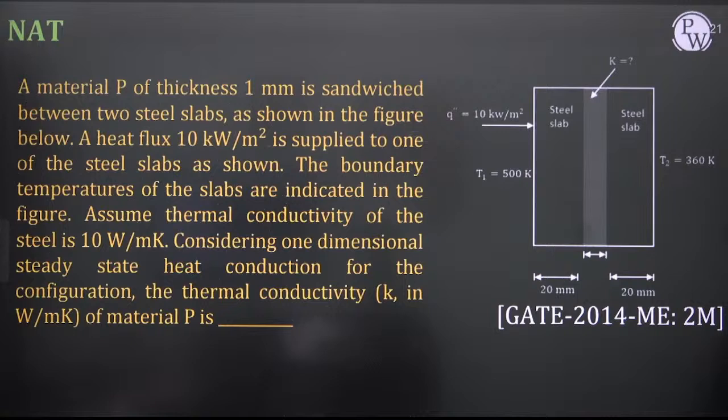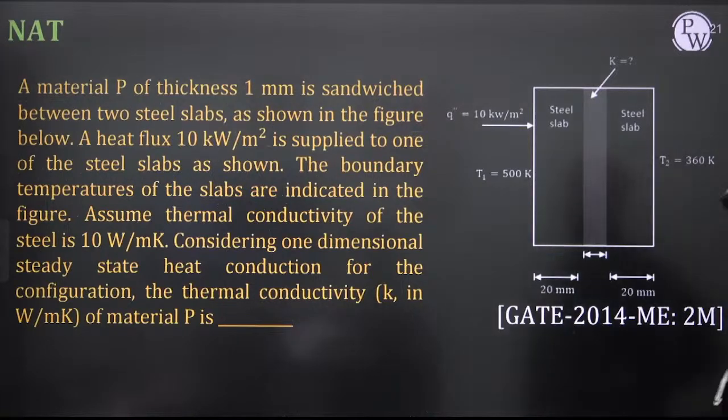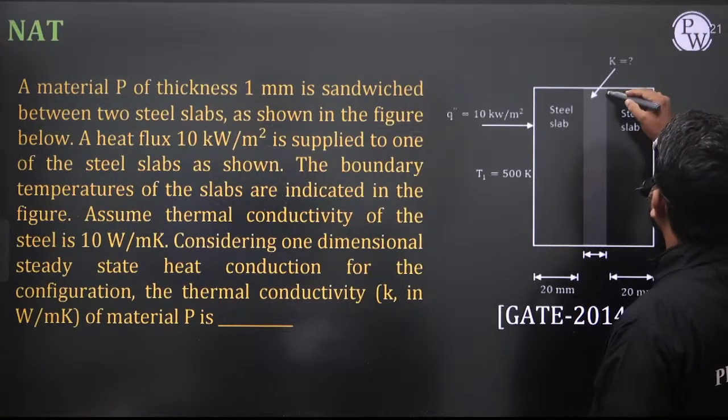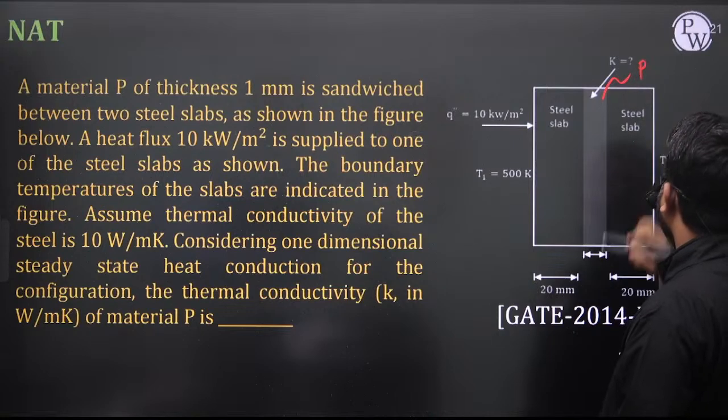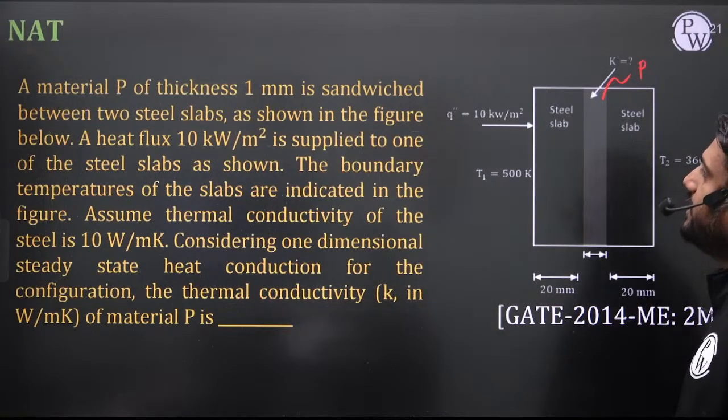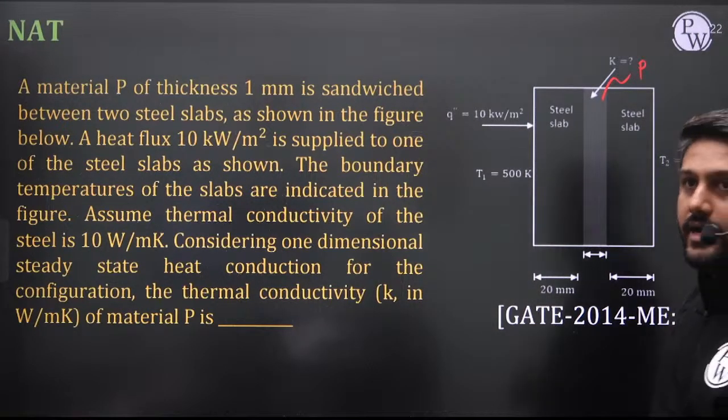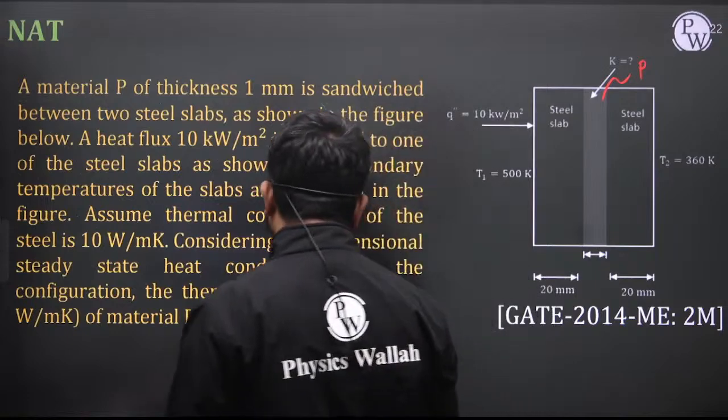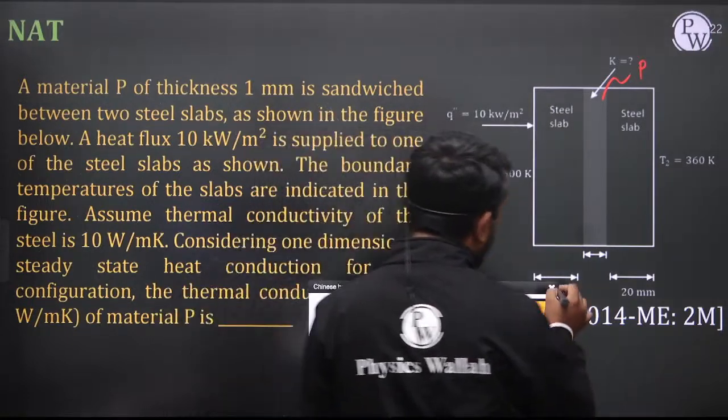Thermal conductivity of the steel is 10 watt per meter Kelvin. 1D steady state heat conduction. For this configuration, the thermal conductivity of the material P is? So this is the material P, and its thickness is 1 mm. Now tell me what is the answer.